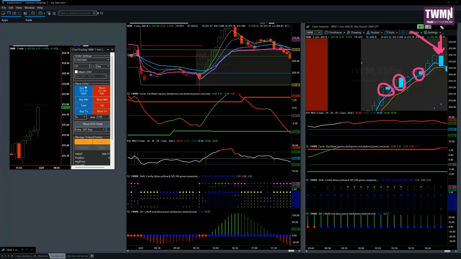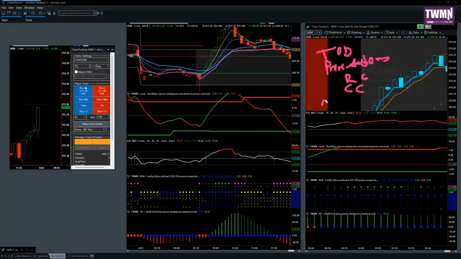They might say, oh, you should have gotten in here because the moving average is crossed or whatever. This is a methodology that is so layered. Time of day. Then I've got price action that I want to see a reversal candle, a confirmation candle, a moving average cross of the 3 and the 5.